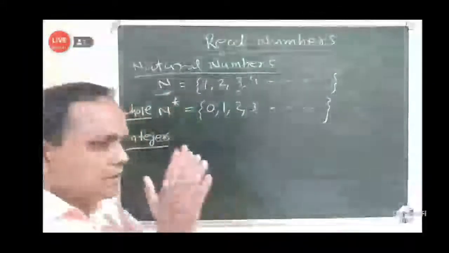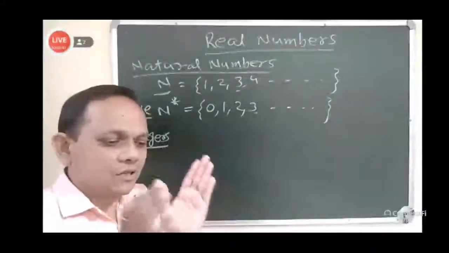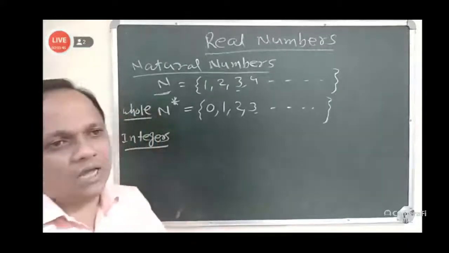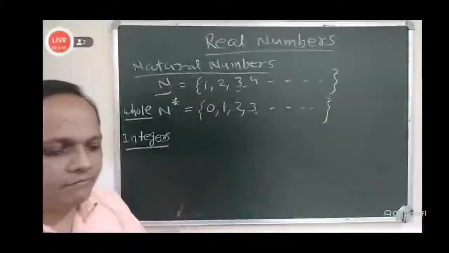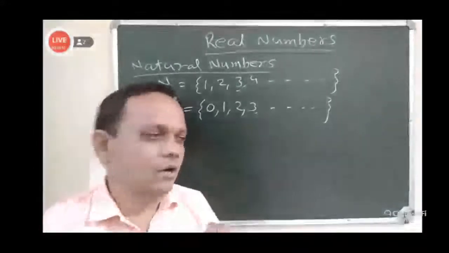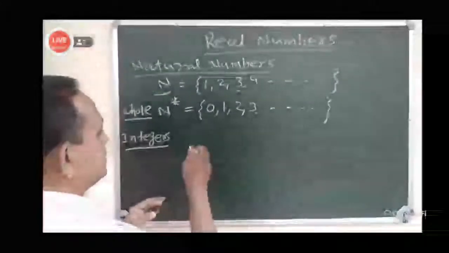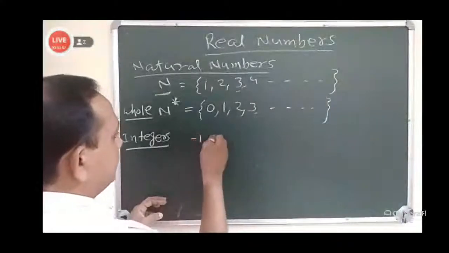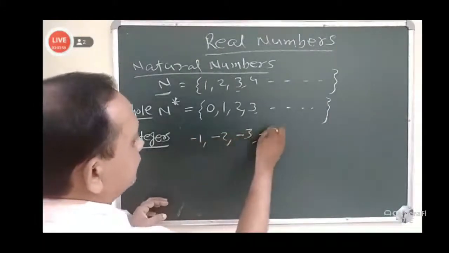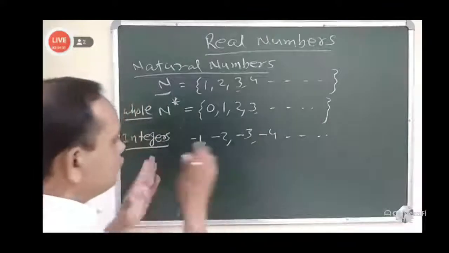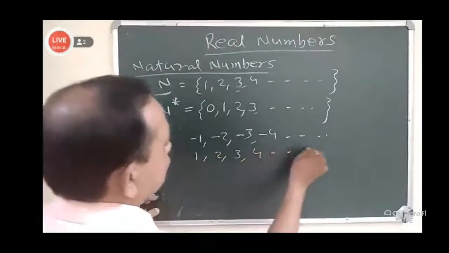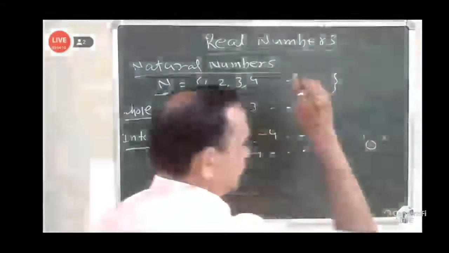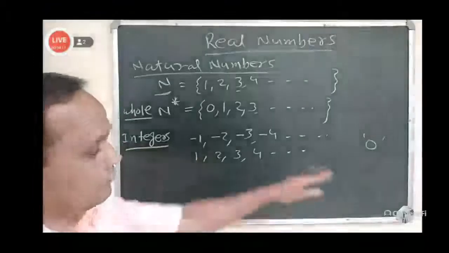In that way, the minus numbers are negative integers. The negative integers are minus 1, minus 2, minus 3, minus 4 and so on. Positive integers are 1, 2, 3, 4 and so on. But there is an integer that is neither negative nor positive.